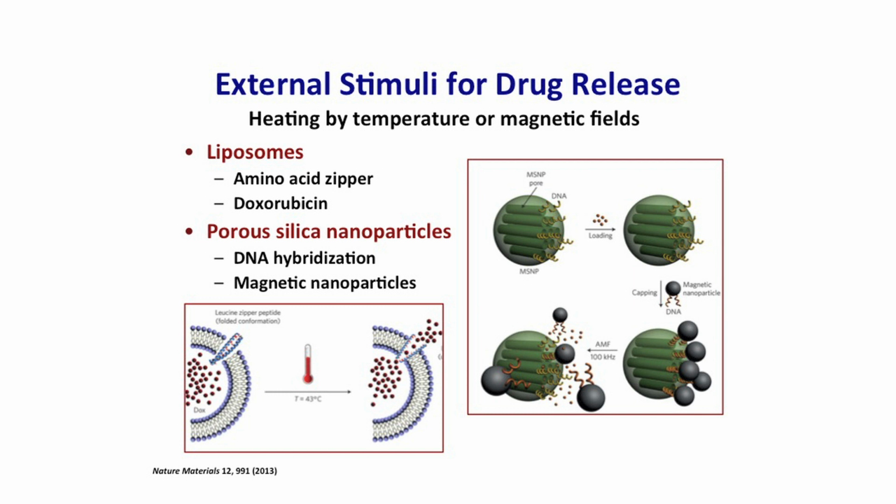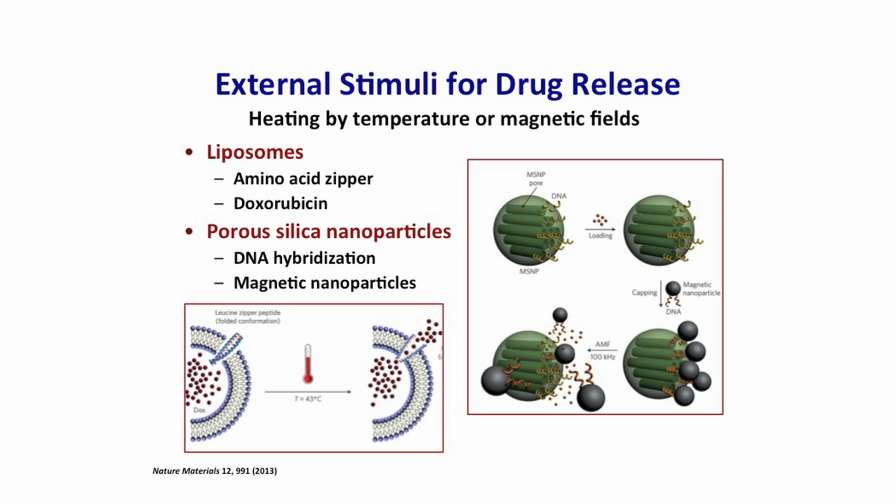Another way is to use a different type of drug delivery agent, which is a porous silica nanoparticle. In this case, you have silicon dioxide and you have pores in between, and you functionalize this with DNA. What you can then do is introduce drug, which is loaded inside these little pores. And then it's capped with a magnetic nanoparticle with DNA that hybridizes to the DNA that's on the particle.